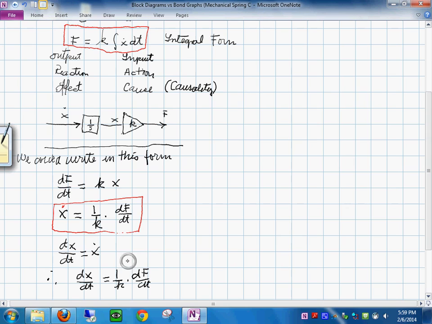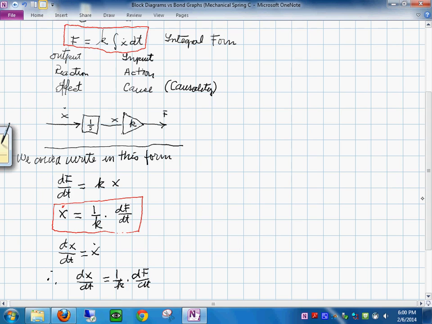Yeah? And so this form in reality is the derivative form of this. See? These two equations are the same. Yeah? So this is the derivative form.